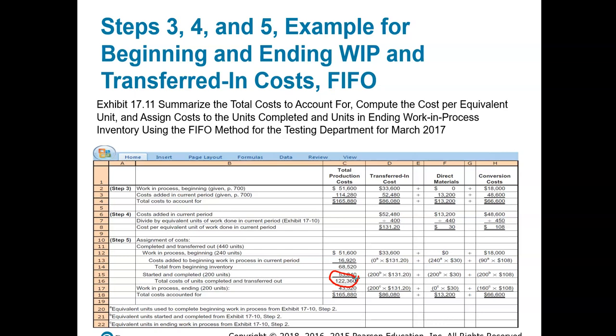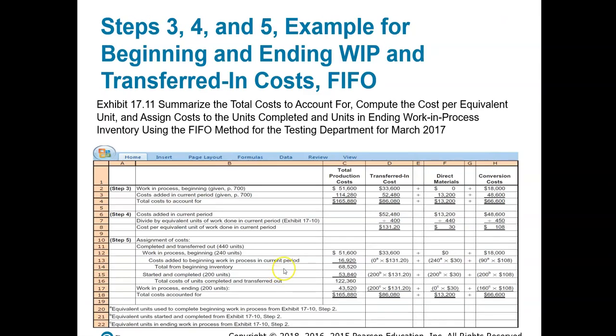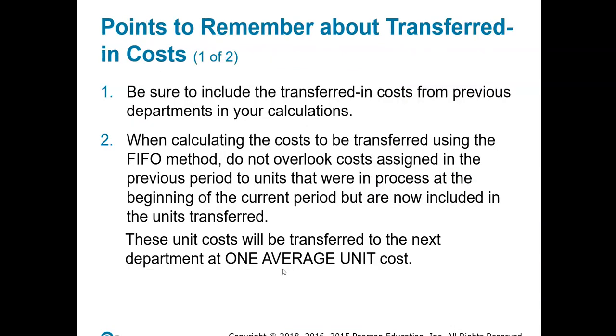So if I'm now transferring that to finished goods, what is my average cost? Well, my average cost is going to be simply the total cost of units completed and transferred out divided by the number of units transferred out, and that's going to be my average price. So that's where we get the averaging part. And that averaging price I'm going to use for pricing, product mix decisions, and so forth.